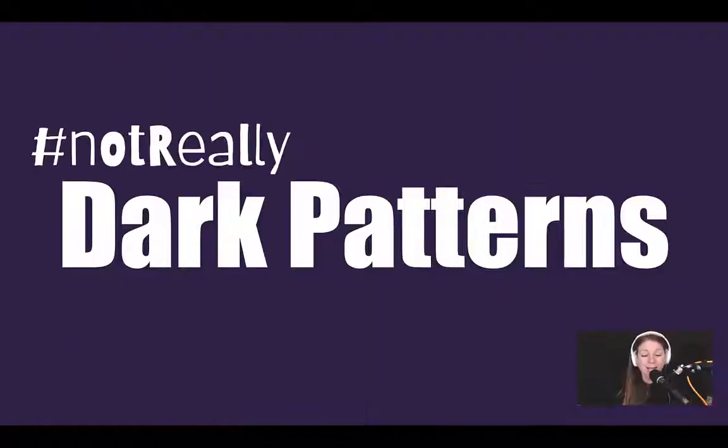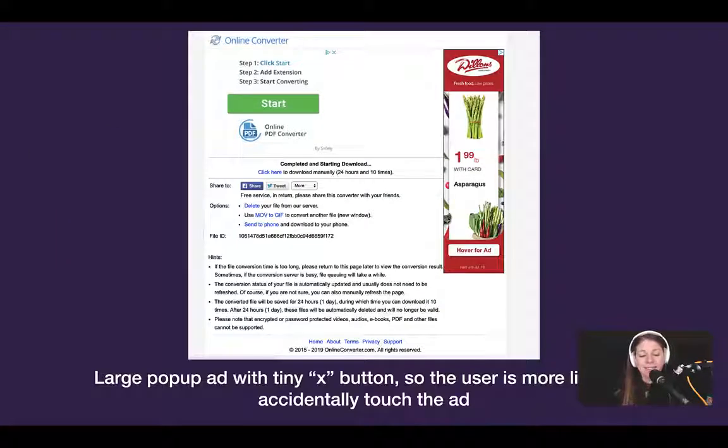So first one up is the hashtag not really dark pattern. This example, the first dark pattern that I want to talk about, is barely on the scale of dark patterns. This pattern goes further than ads. It's really about hit targets. So here we have an ad on the side of the screen that takes up quite a large amount of space. It's a large pop-up with a very tiny, I don't even know if you can see it, X button.